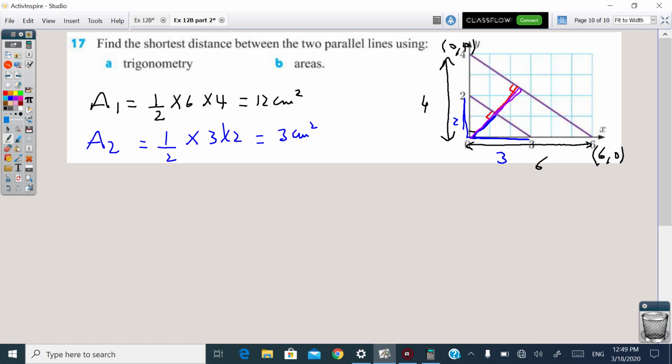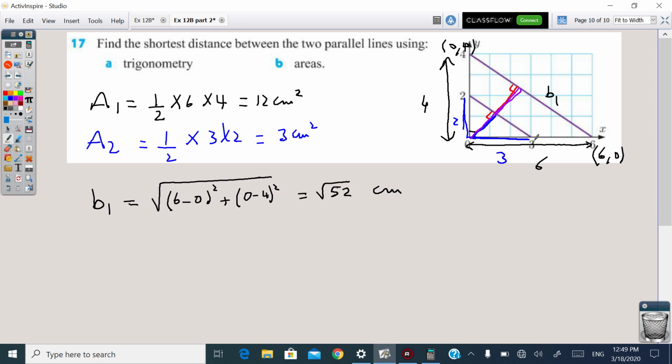Using the rule that we learned in straight lines, it's L1, or let's call it base 1. This is base 1, is the square root of 6 minus 0 squared plus 0 minus 4 squared. And this is 36 plus 16, so it's root 52 centimeters.